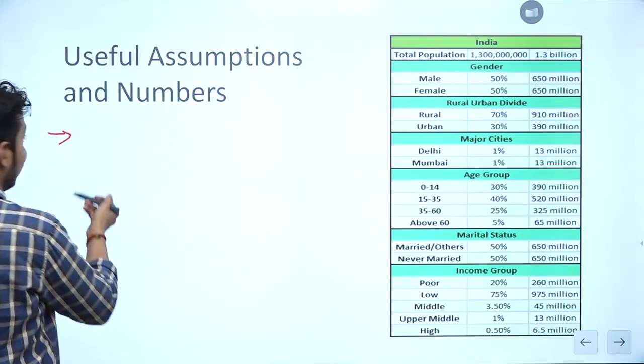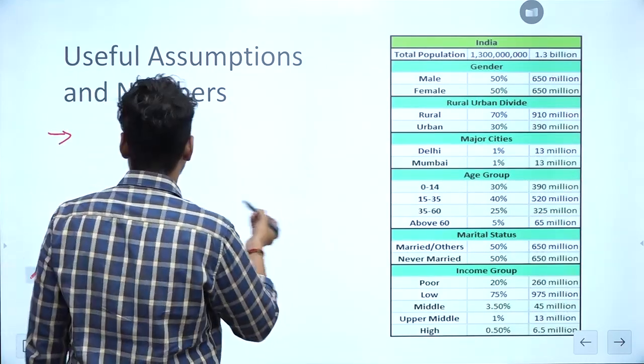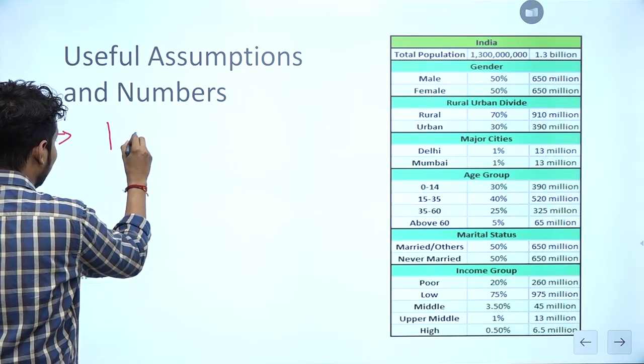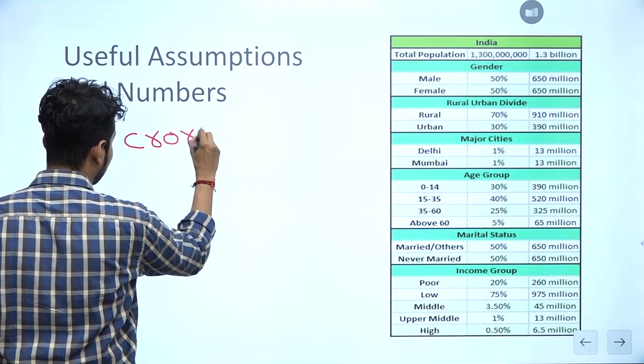Okay. So here, how many factors do I have? First, I should know the population of Delhi, 1 crore.